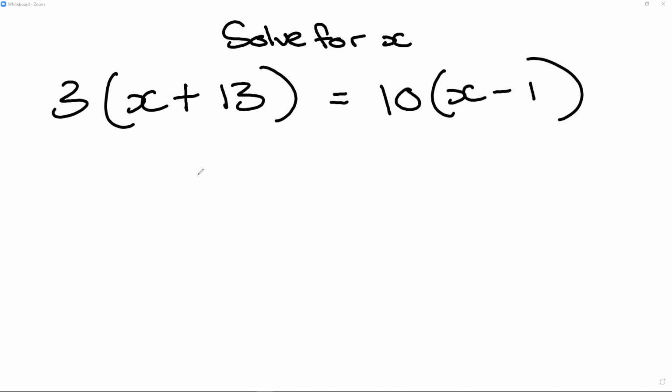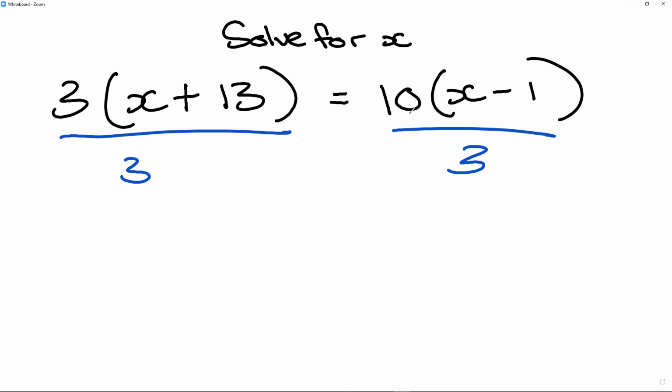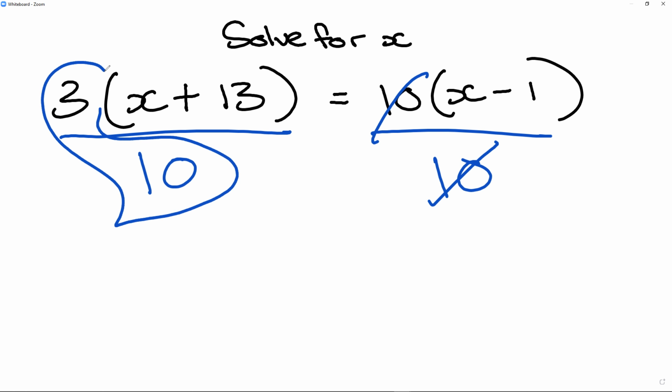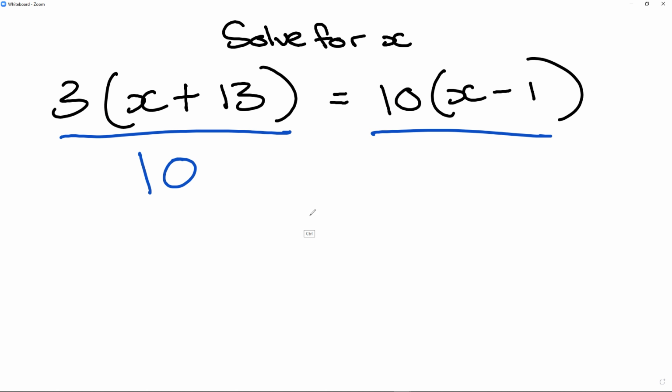So the first thing I'm going to do here is multiply the brackets out. The reason I won't divide both sides by 3, for example, is that 10 can't go into 3 very nicely. I'm going to end up with an odd fraction to cancel out. If I divide by 10 on both sides as well, it might cancel on the right-hand side, but then I'll be left with a fraction that can't simplify.